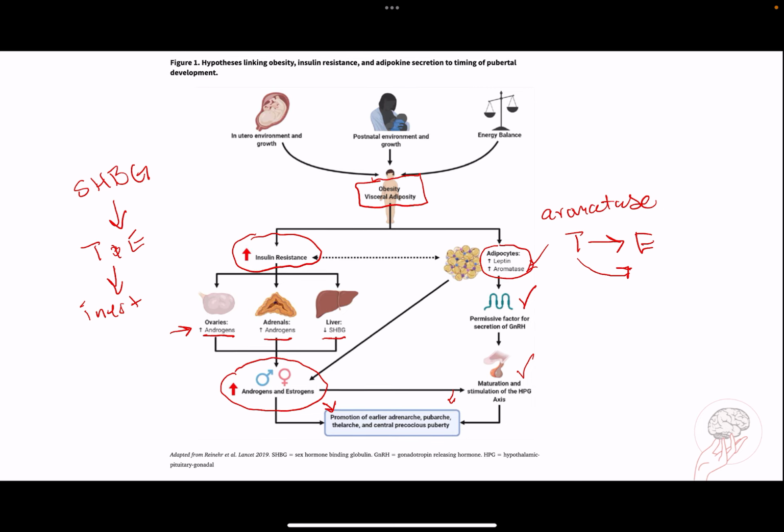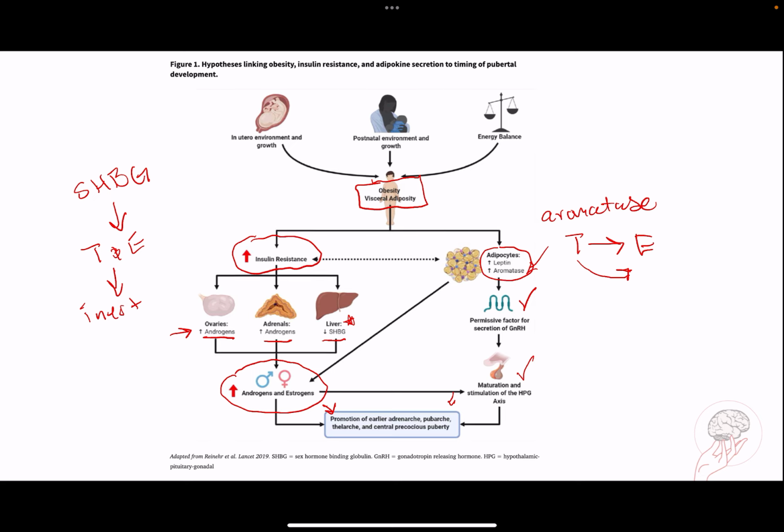So with less sex hormone binding globulin, we have more free testosterone and free estrogen. So that also is going to lead to the promotion of earlier adrenarche, pubarche, telarche, and central precocious puberty.